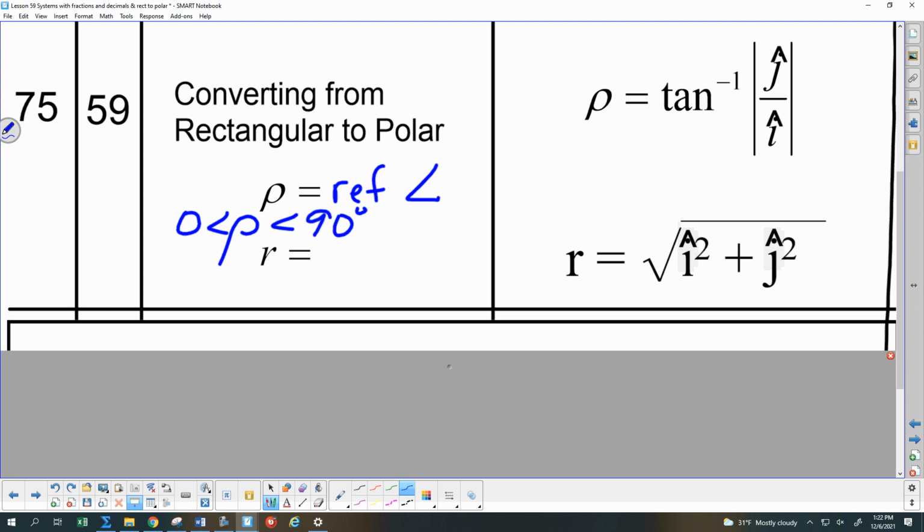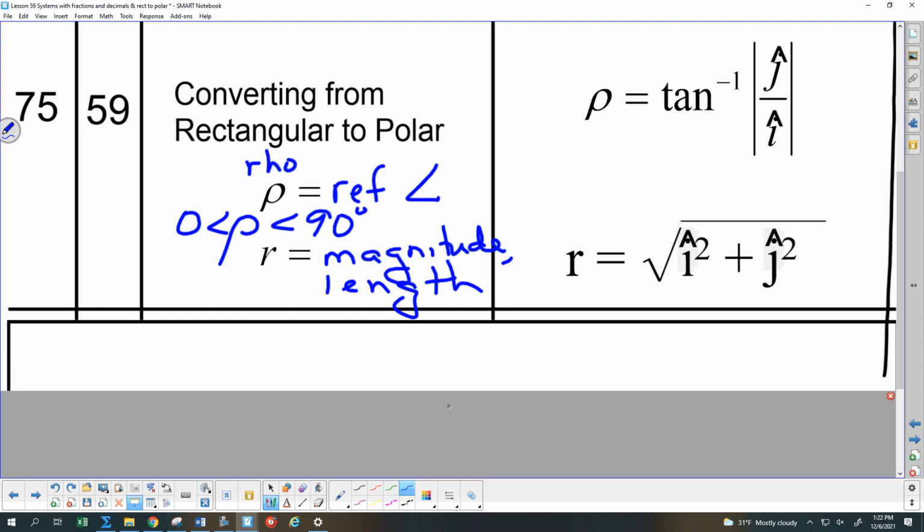R is the magnitude or the length of the hypotenuse of the vector. And we used the Pythagorean theorem on that, so it was the square root of i hat squared plus j hat squared. You may memorize and use the formulas, or you may derive it on each problem. A little faster if you memorize it.